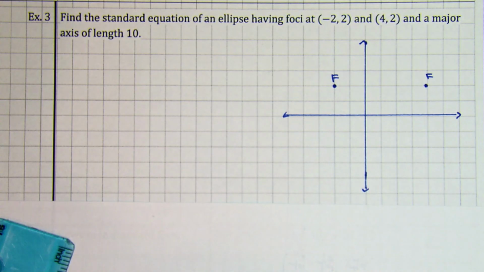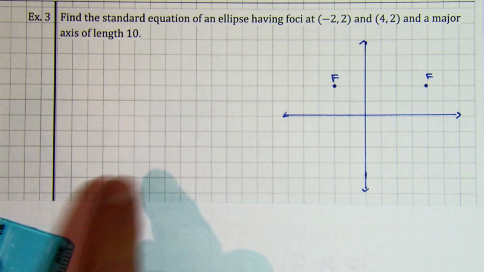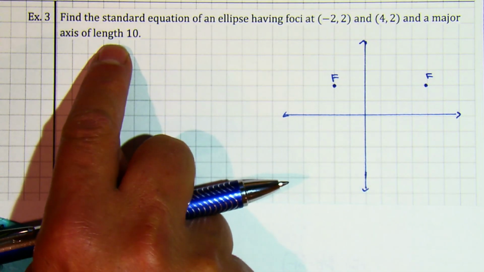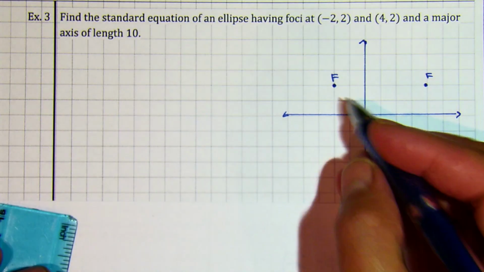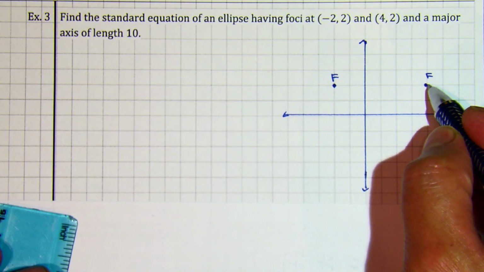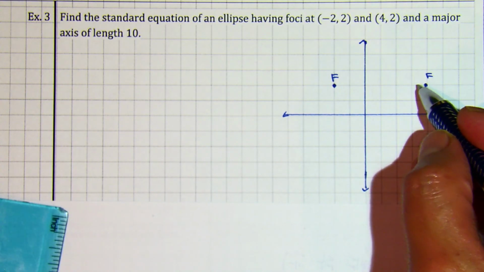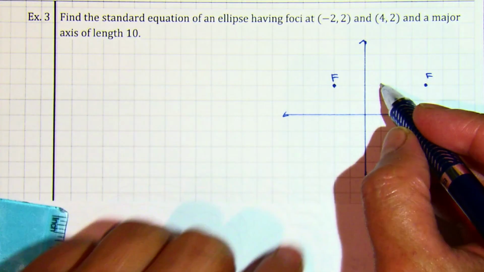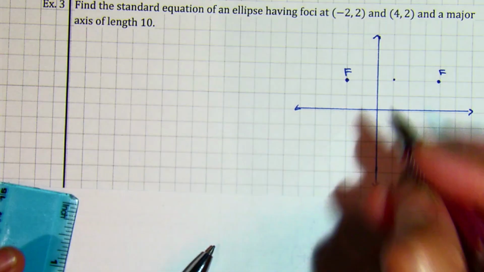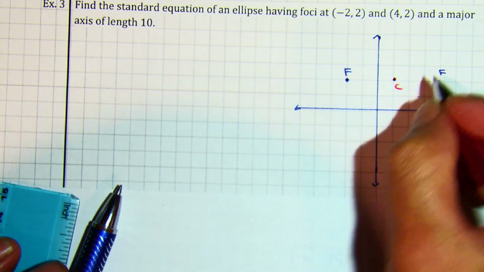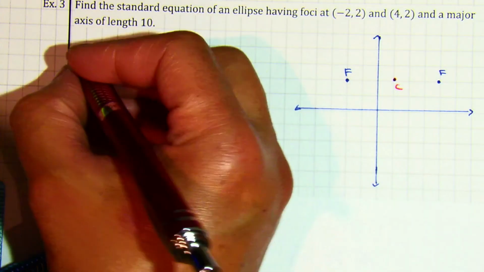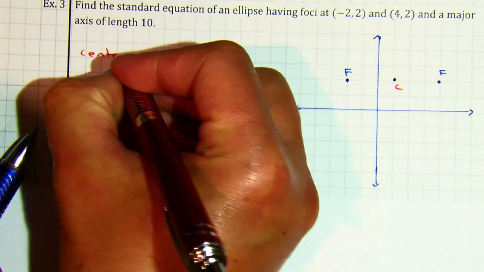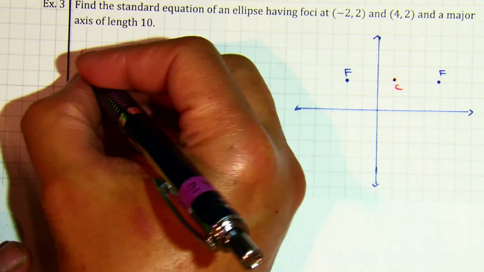It should be laying down. Now, the major axis is 10. So let's see, can we find the center? If this is one focus and this is another focus, we know the center should be in the middle. So it'll be 1, 2, should be here. So therefore, we can deduce that this is my center, which is (1, 2).